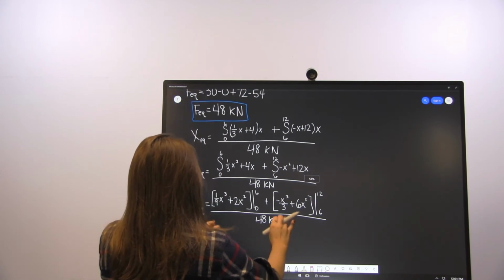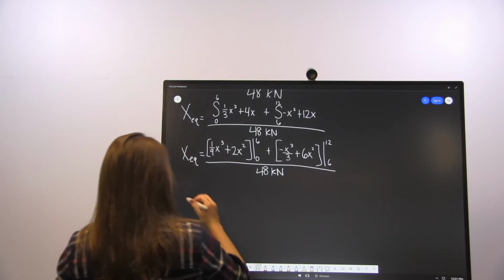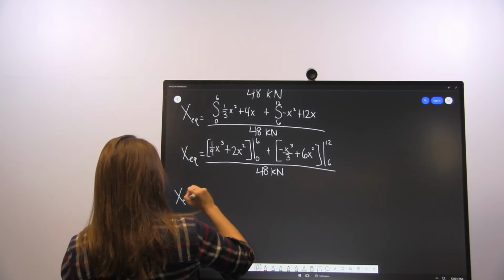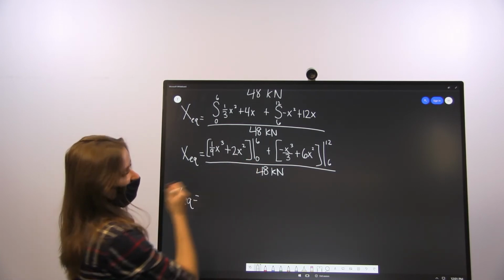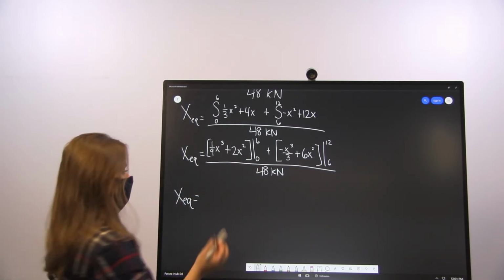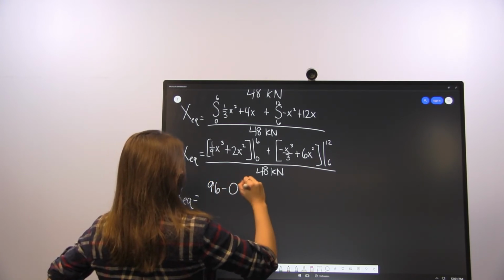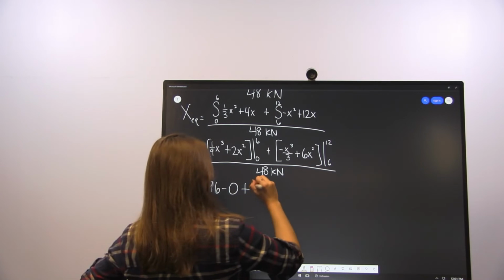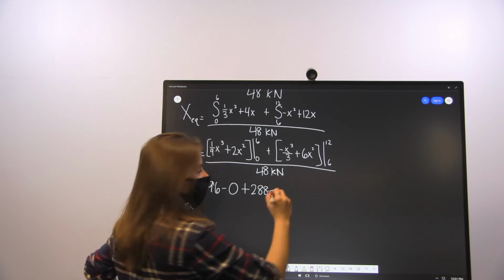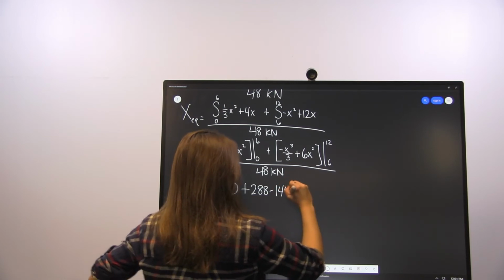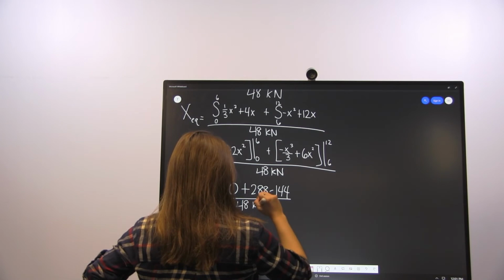And there again, it's just going to be plug and chug. X equivalent is equal to, so you just plug in the values like we did before, the same way. So it ends up getting you 96 minus 0 plus 288 minus 144 divided by 48 kilonewtons.